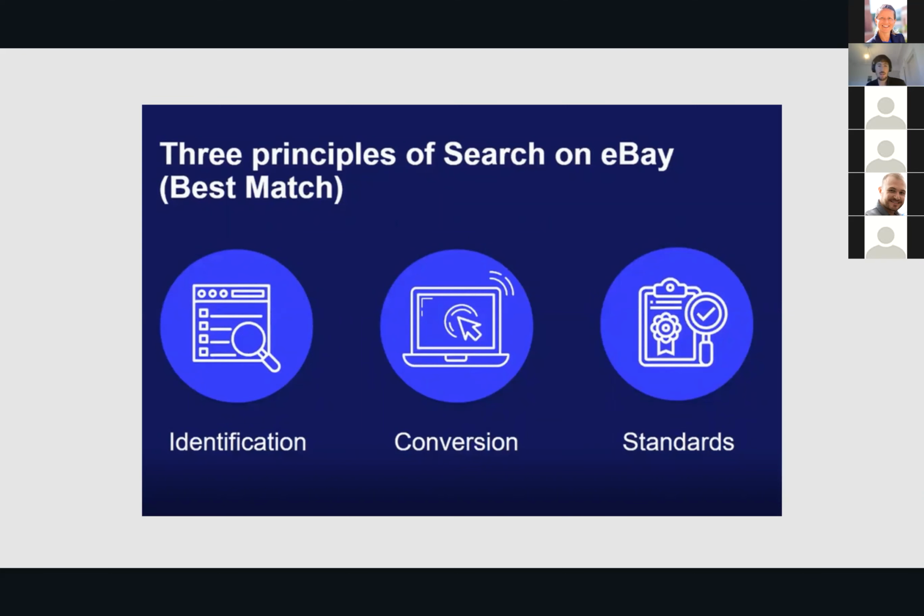So the eBay default search engine is called Best Match. You have different ways of filtering on the eBay search engine. It can be lowest price first, it can be quickest shipping first, but usually by default, the search engine that's working on eBay is called Best Match.